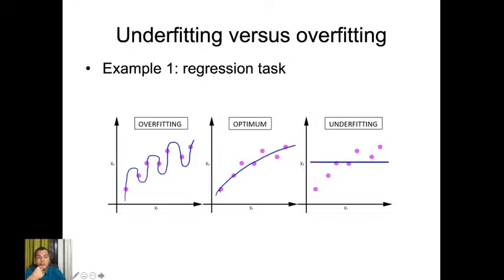If you instead use a less complex model, for example a smooth curve that has fewer parameters, then you will probably get a better error rate.